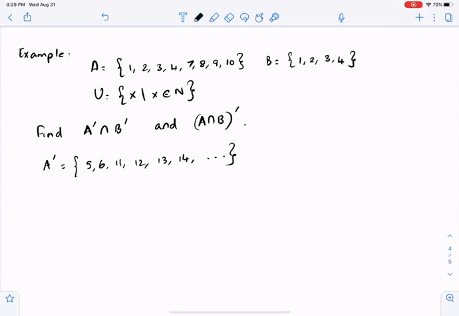So I write U in roster form. I'm writing all of them so that you get a better idea.